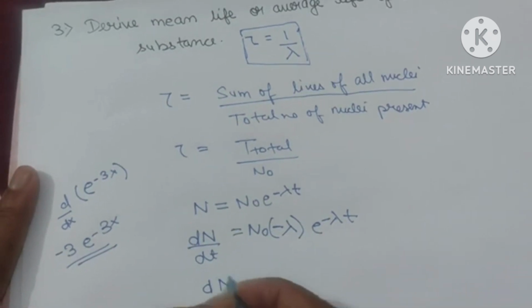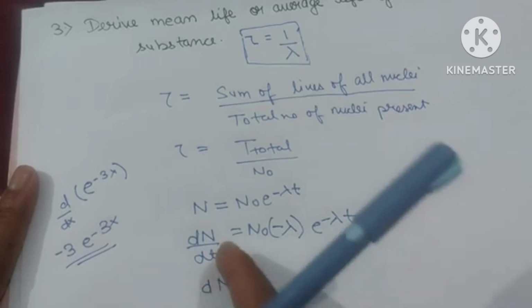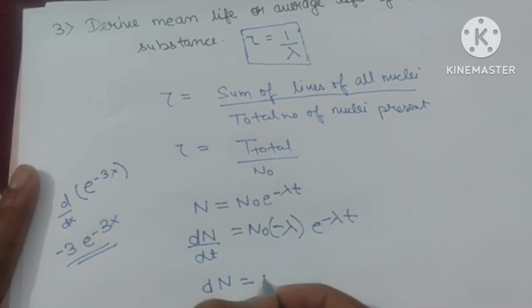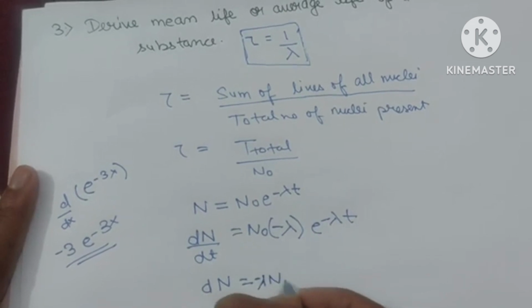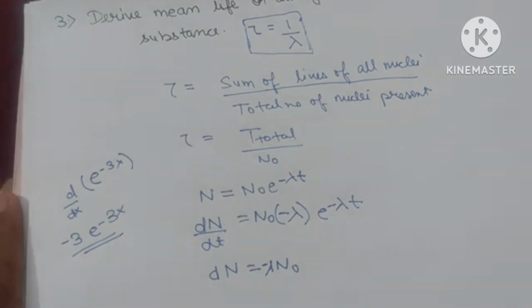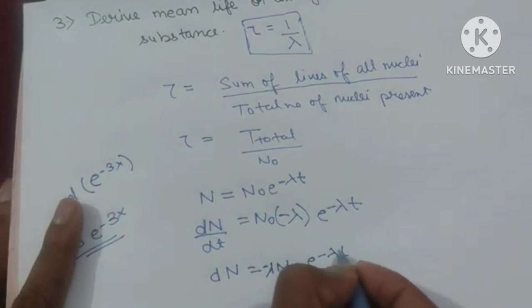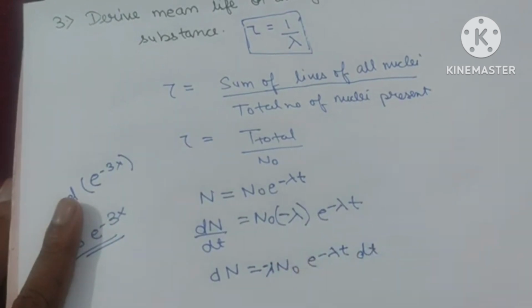After this, we take dt to the other side. This is minus lambda N naught e to the power minus lambda t dt.